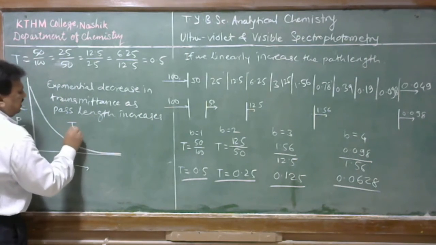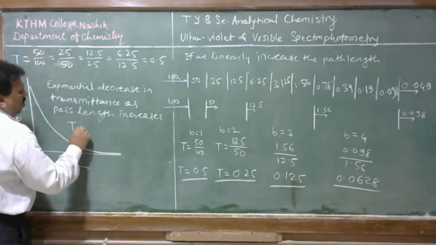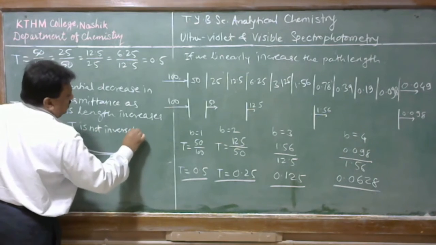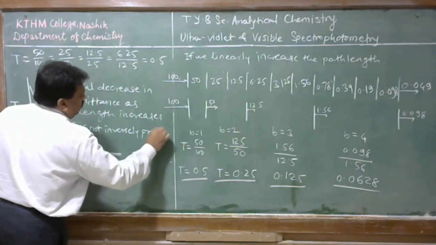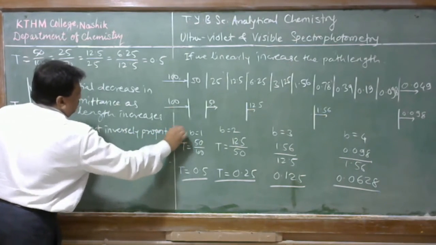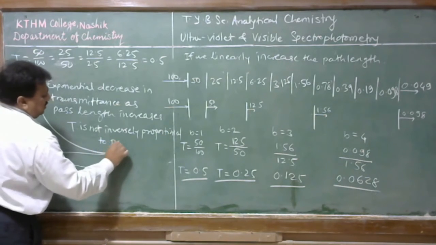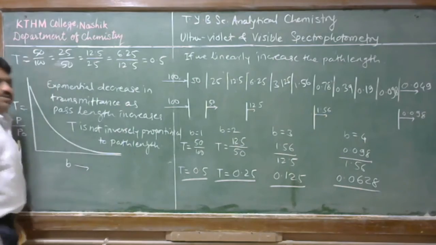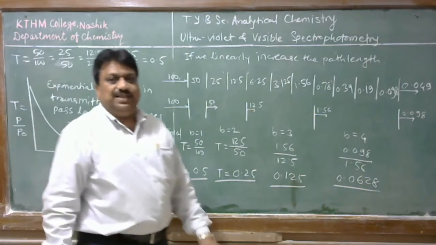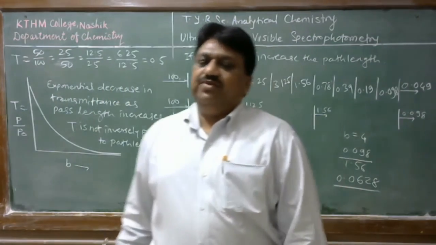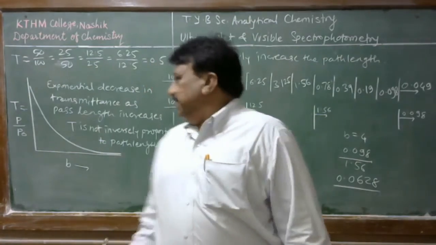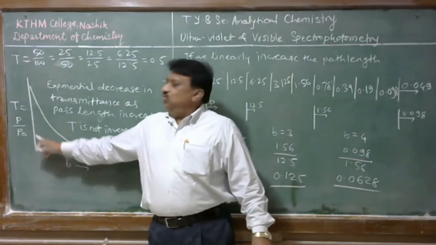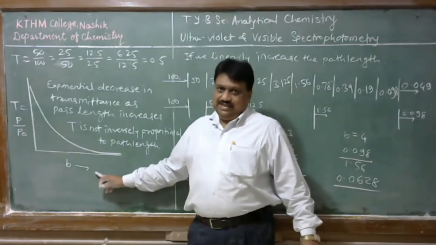Therefore, here transmittance is not inversely proportional to path length, because it is an exponential decrease with path length. Therefore, transmittance is not inversely proportional to path length. Therefore, here this is the relationship we found between the transmittance and the path length.